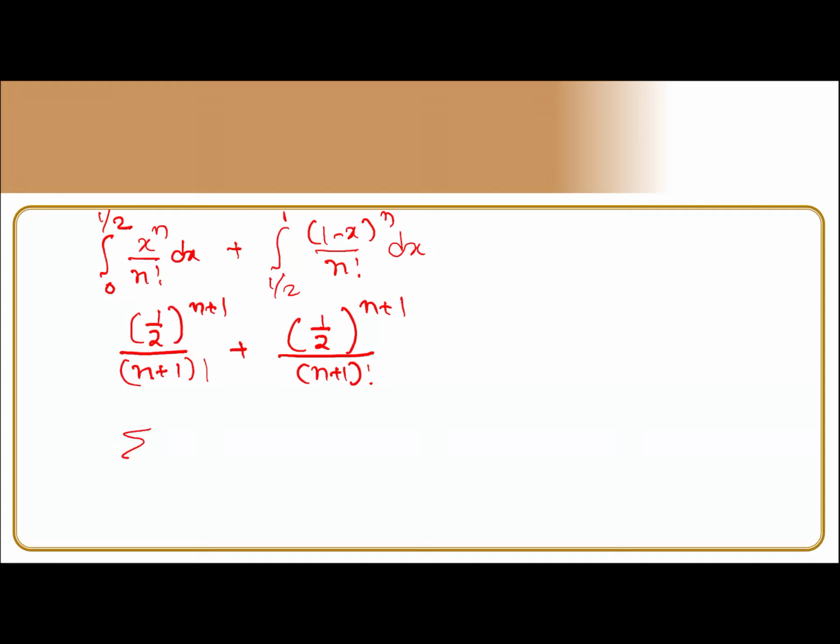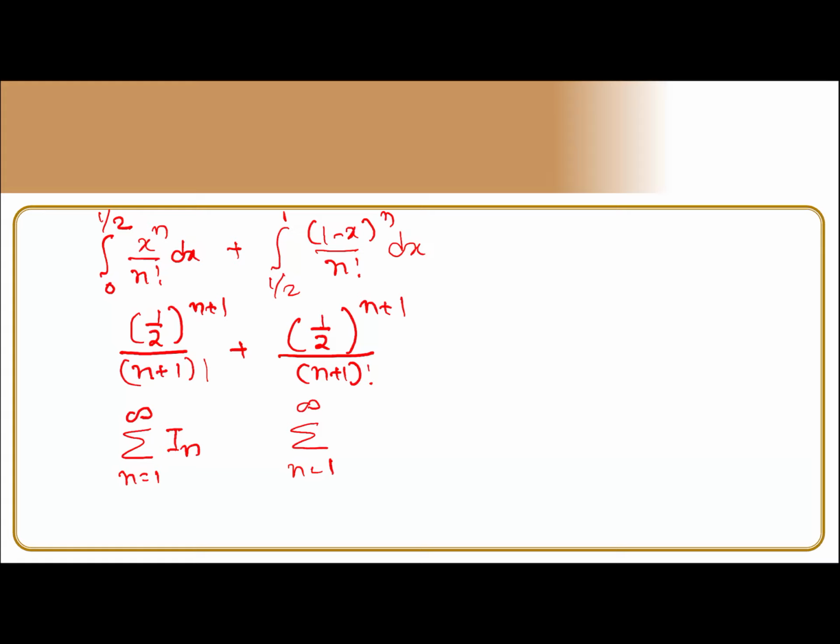So if you add these two, he is asking for the summation when n is equal to 1 to infinity. So this is nothing but the summation from n equal to 1 to infinity.